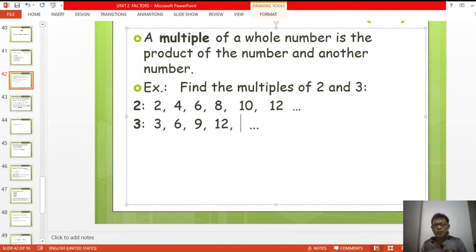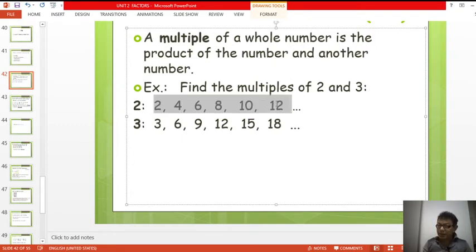And then 3 times 5 is 15. 3 times 6 is 18. So these numbers I was writing earlier are the multiples of each number. This list is the multiples of 2, and this is the list of multiples of 3.